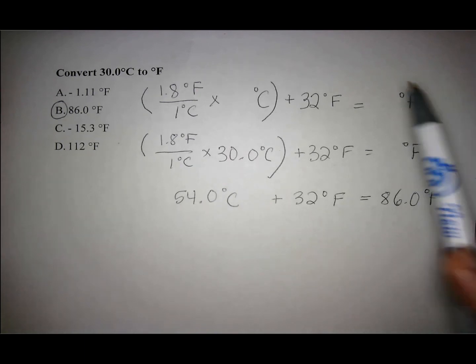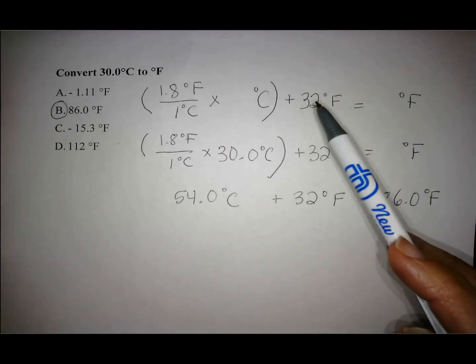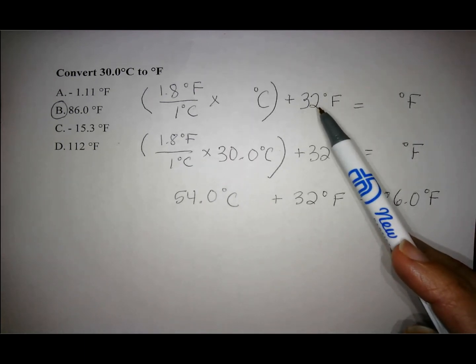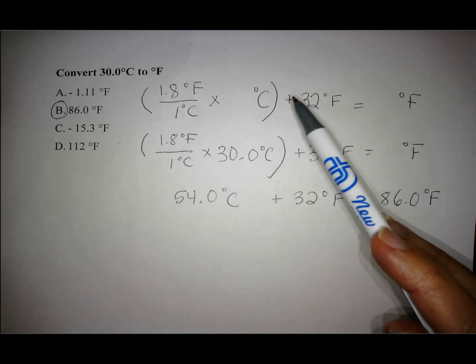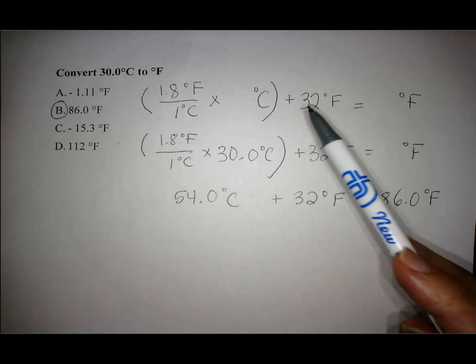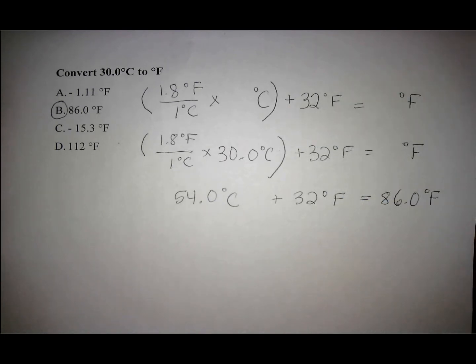Also remember that the freezing point of water is 0 on the Celsius scale, but 32 on the Fahrenheit scale. So we're adding 32 to go from Celsius to Fahrenheit. Once you've double checked those relationships and your units, then you can be pretty certain that you've used the correct equation.